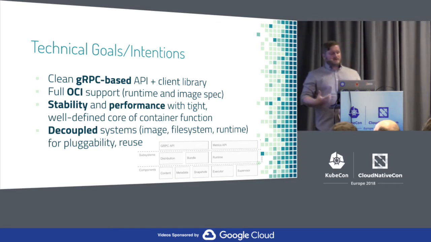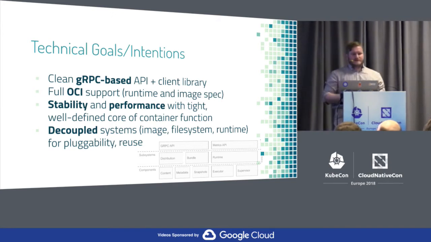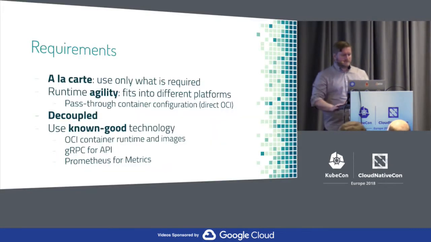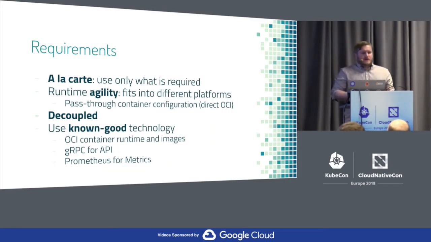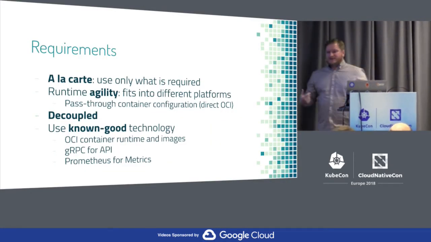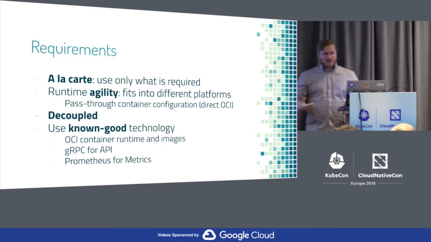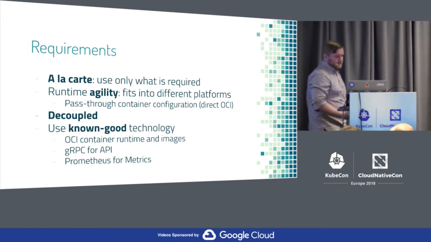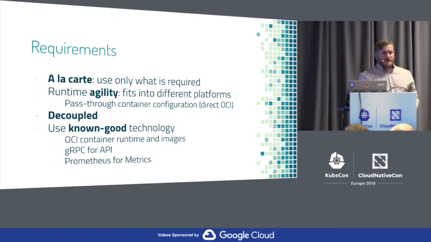Part of that was designing it for decoupled systems. So we wanted the image, the file system, and the runtime to be available for pluggability and reuse. Another way of putting that is Containerd is very a la carte. You can use the whole thing, or you can choose which parts depending on your problem space or what systems you're integrating with. We also wanted to be agile with actual runtimes.